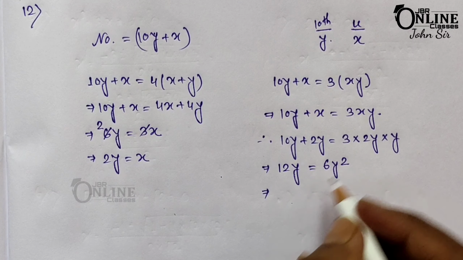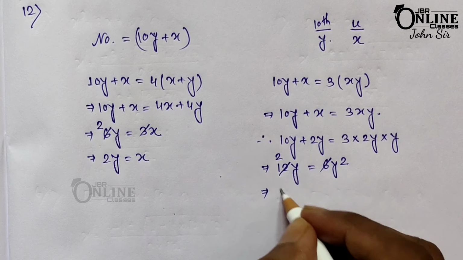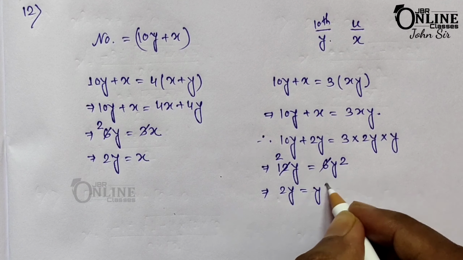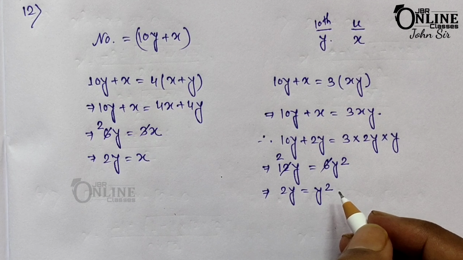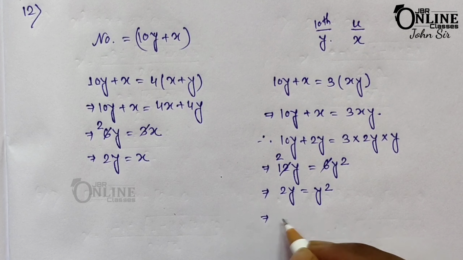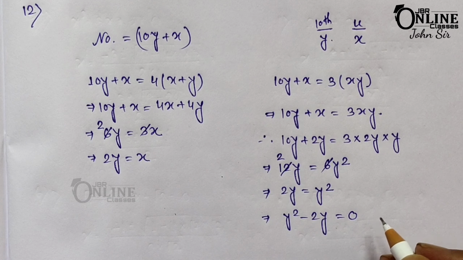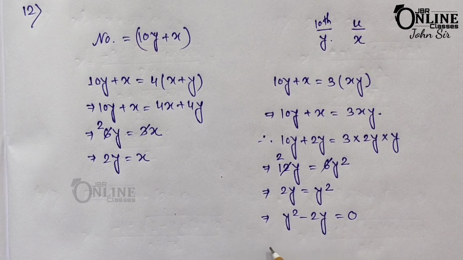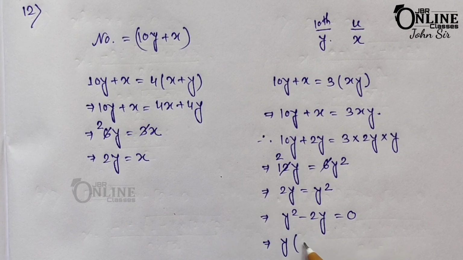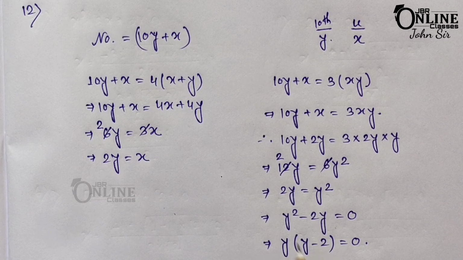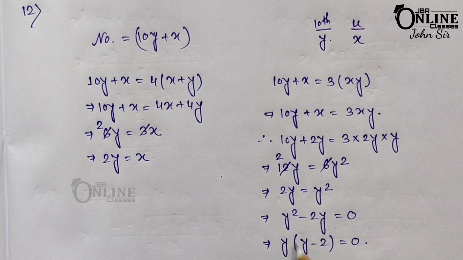So here 6 cancels out with 2, so 2y equals y square. From that, y square minus 2y equals 0. If you take y common, then y into (y minus 2) equals 0. As the product of two numbers equals 0, that means the numbers will be separately 0.